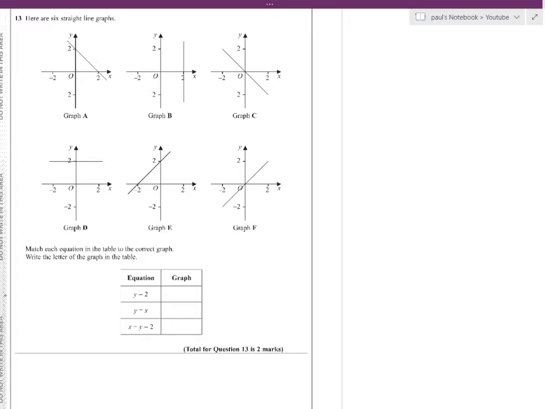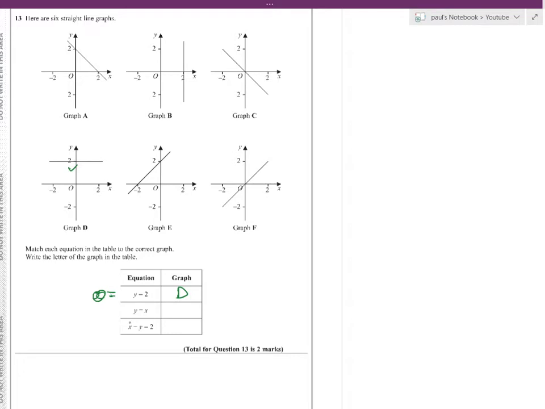So, y minus 2... if that were to be equal to x... so let's say y minus 2, therefore y must be 2. Let's make that all equal to 0. So 2 minus 2 equals 0. So y must be 2, so that one there. We'll call that one D.